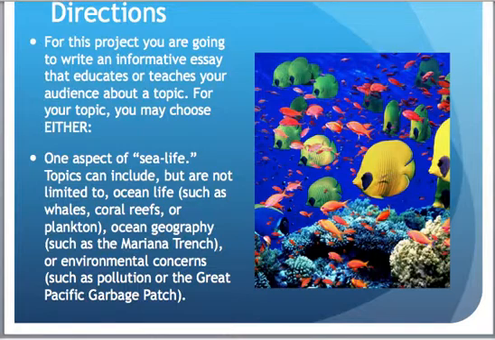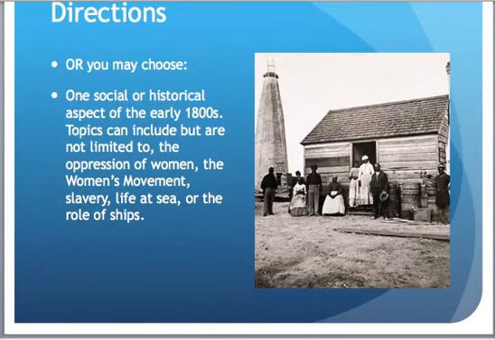Or you can choose one social or historical aspect of the early 1800s. Remember, early 1800s is before 1850. Okay? Topics can include, but are not limited to, the oppression of women, the women's movement, slavery, life at sea, or the role of ships.